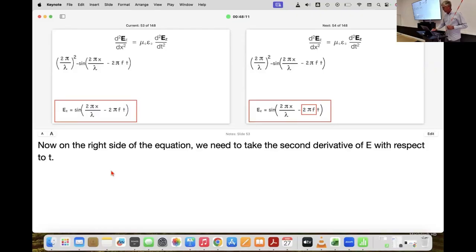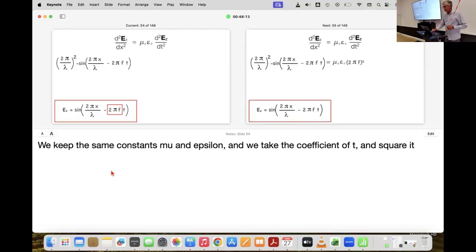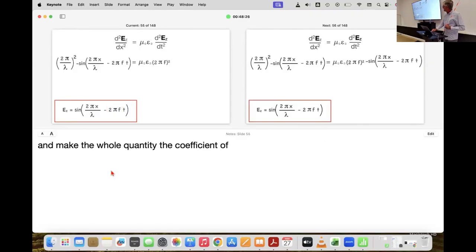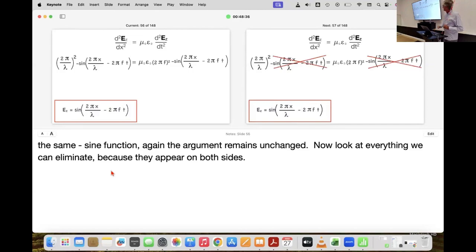That's just the rule. And then when you take the derivative of Ez with respect to t, you take this coefficient in front of the t and you square it. You also just drag down the constants because they're constants, but there's the square of this coefficient. And then you put in the same negative sine function.